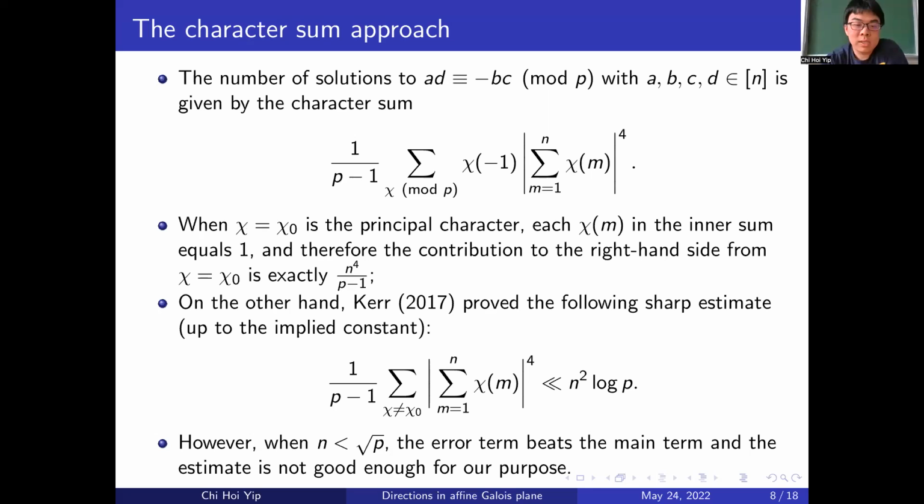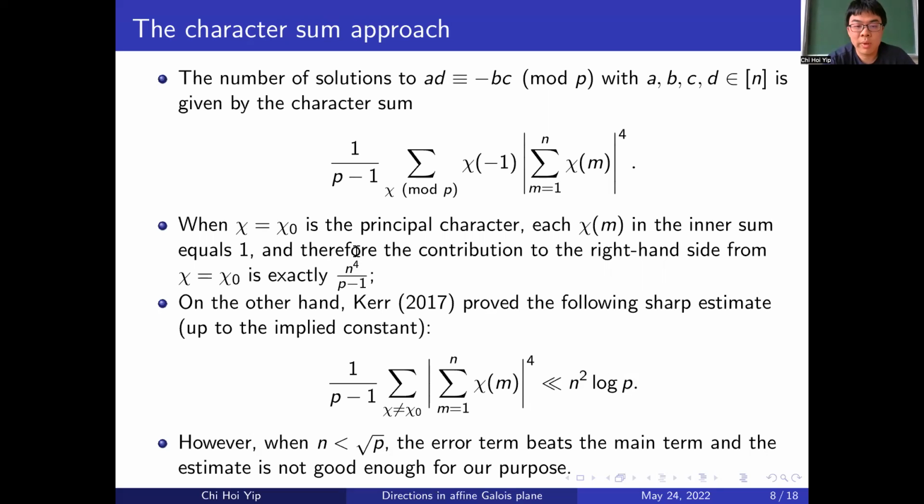For the contribution from non-principal characters, there's a recent result by Kerr showing the following sharp estimate: this is n squared times log p. Usually we think that this would be the error term if n is sufficiently large compared to p.